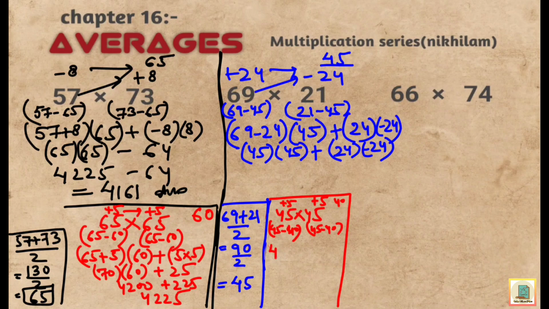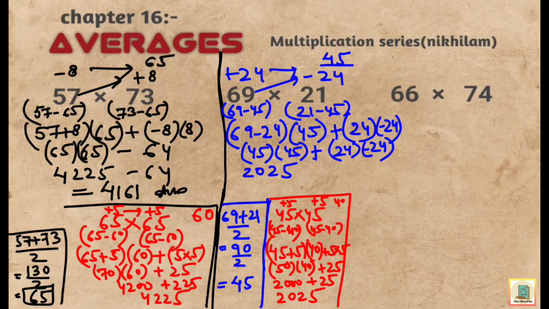Now first number plus the second deviation, which is 45 plus 5, multiplied by the base, which is 40, plus the deviations multiplied, which is 5 multiplied by 5. So 45 plus 5 gives you 50, multiplied by 40, plus 5 multiplied by 5 gives you 25. 50 multiplied by 40 gives you 2000, plus 25, so it's 2025. So here 45 multiplied by 45, we get 2025.